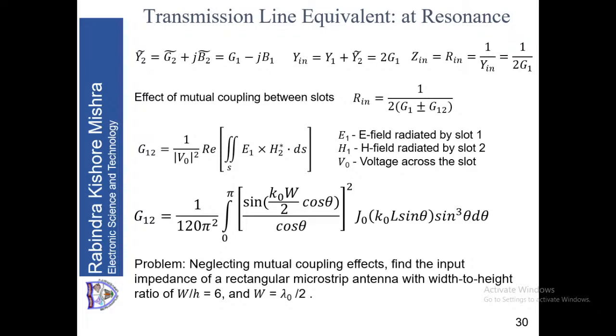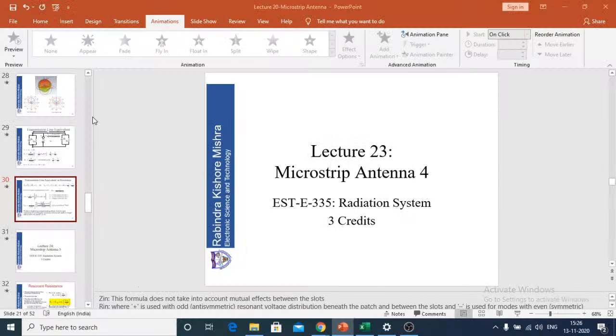Everything is given, just find out what will be the input impedance for this microstrip antenna. After that we'll go to the next lecture. So we'll stop here, take a break of 5 minutes, then we'll come back.